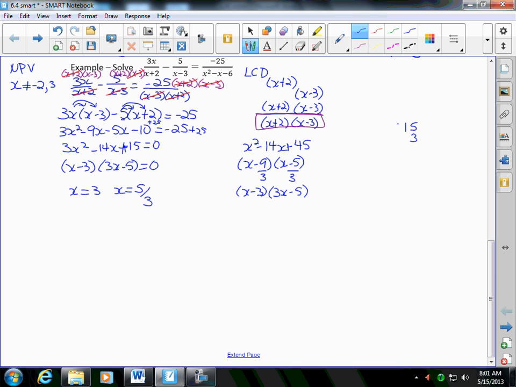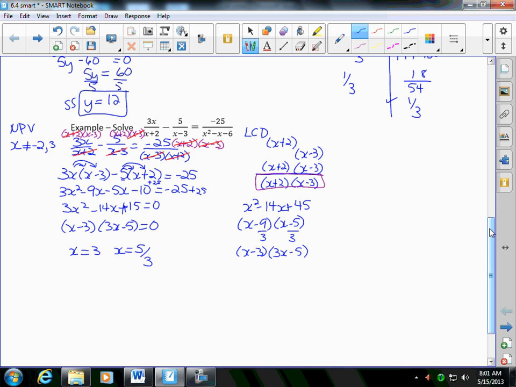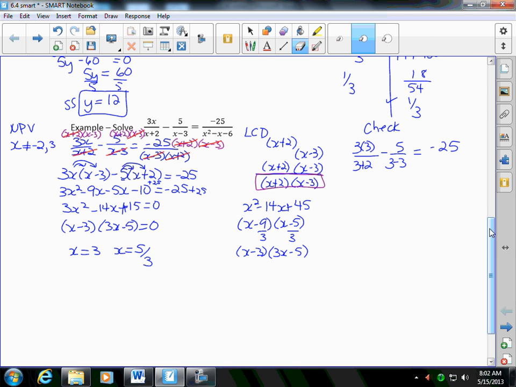Okay, so then I have to do my check. So x is equal to 3. I have 3 times 3 over 3 plus 2 minus 5 times 3 minus 3 bar equal to negative 25 over 3 squared minus 3 minus 6.